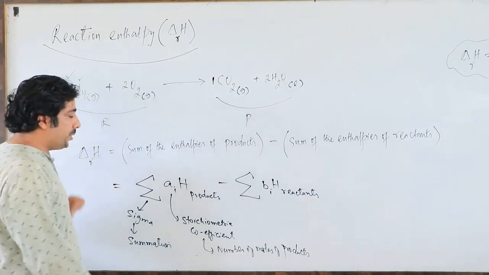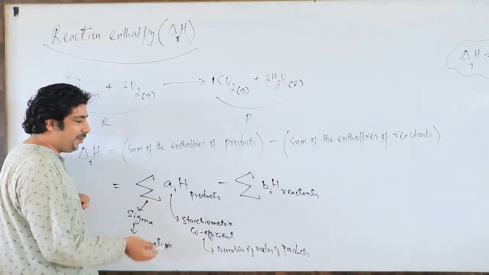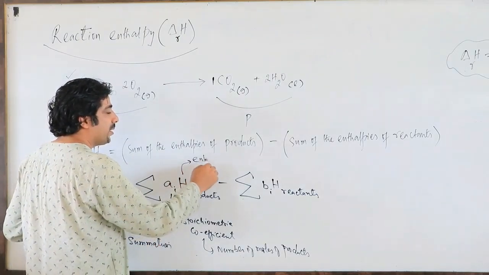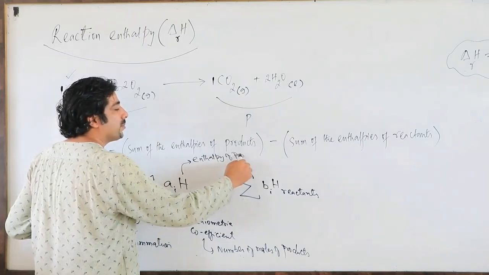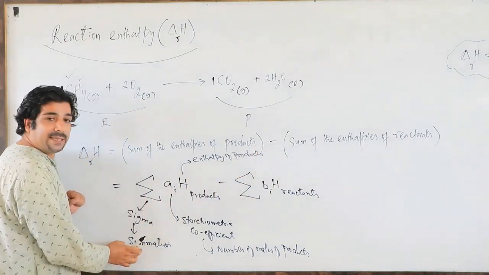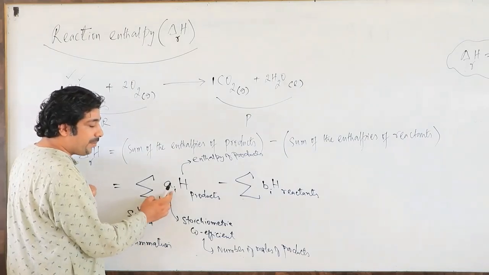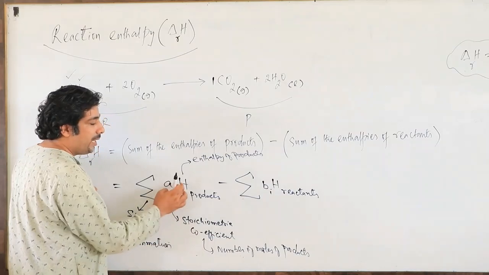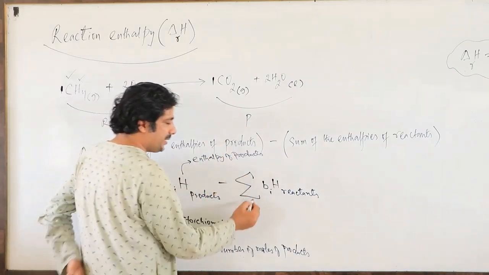Now HP is nothing but the enthalpy of products, my dear friends. This sigma symbol will represent summation, that is sum. ai will represent the stoichiometric coefficient, that means number of moles of products, and HP will represent the enthalpy of products. Same is the case here.